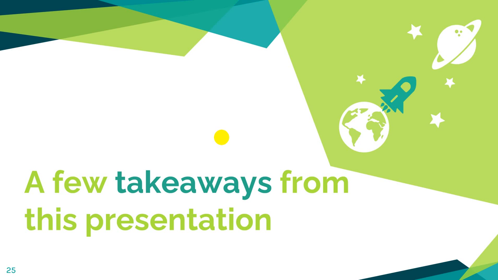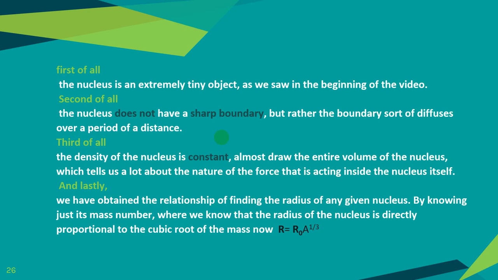A few takeaways from this presentation. First of all, the nucleus is an extremely tiny object, as we saw in the beginning of the video. Second of all, the nucleus does not have a sharp boundary, but rather the boundary sort of diffuses over a distance.